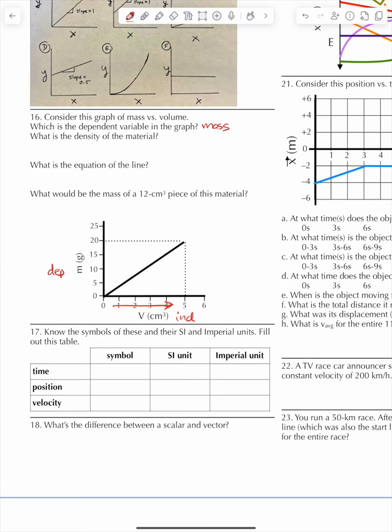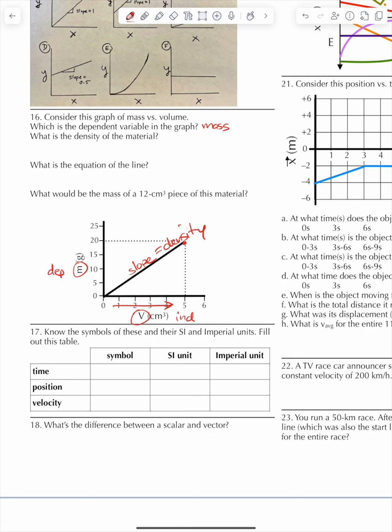Now, what's the density of the material? I meant for this problem, because we did something like this for a lab, we found out that the slope of a line for mass versus volume gives you the density when you are graphing mass versus volume. So one way to solve that question, what is the density, is to find the slope. And remember, the slope is the rise over the run.